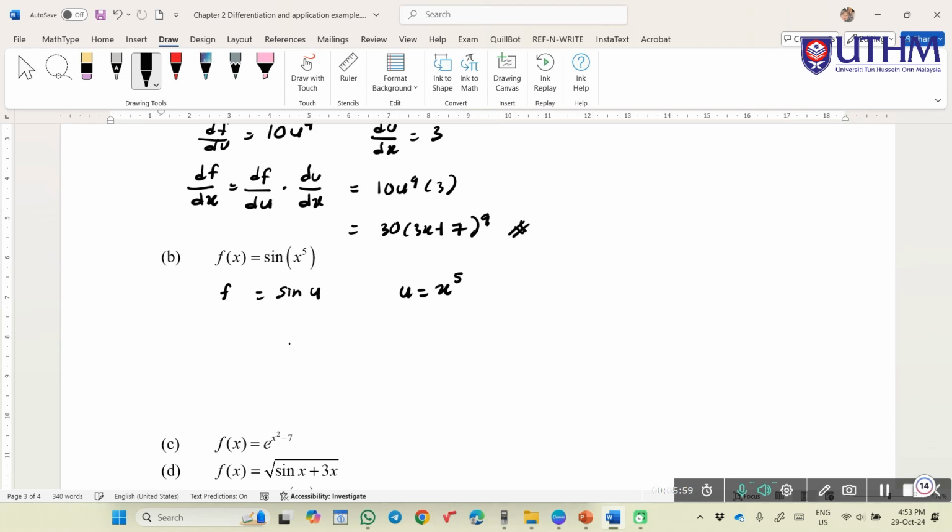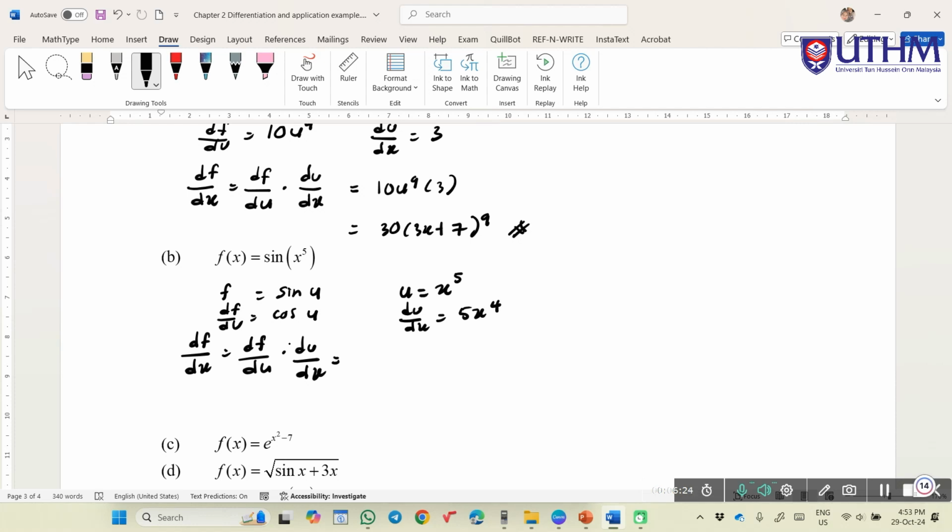Using the chain rule, df over dx equals df over du times du over dx. df over du is the differentiation of sin u, which is cos u. du over dx is 5x power of 4.